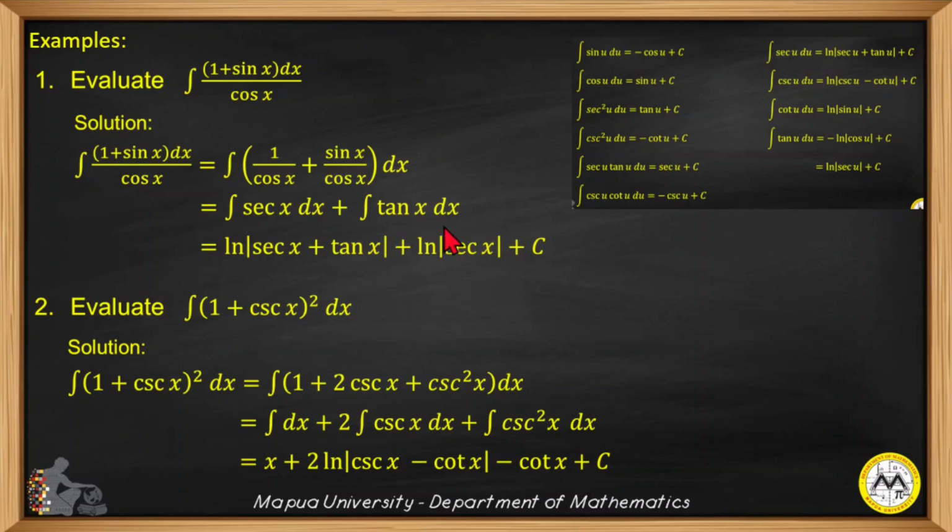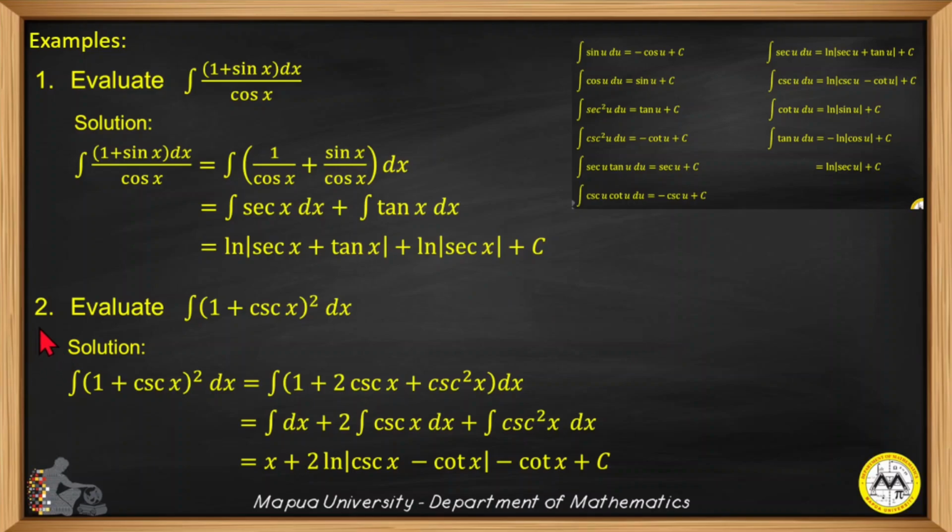For tangent x dx, u is x and du is dx. So the integral of tangent x dx is the natural log of the absolute value of secant x plus the constant c. The final answer is the natural log of the absolute value of secant x plus tangent x plus the natural log of the absolute value of secant x plus the constant c.